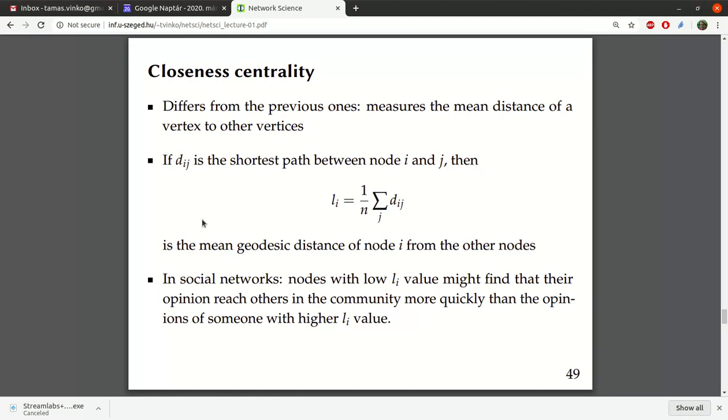This average distance or average shortest path can also be called the mean geodesic distance. This is just an alternative expression for this.